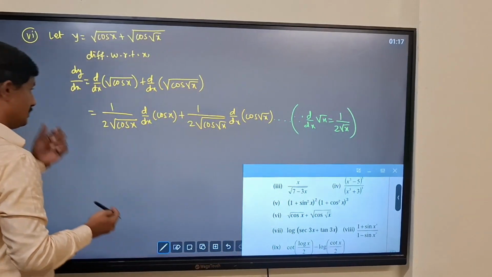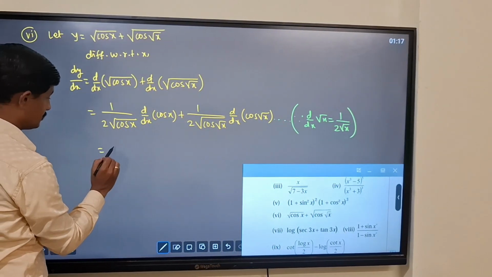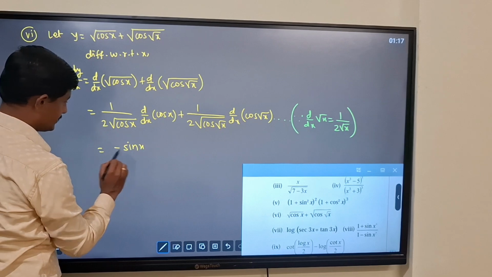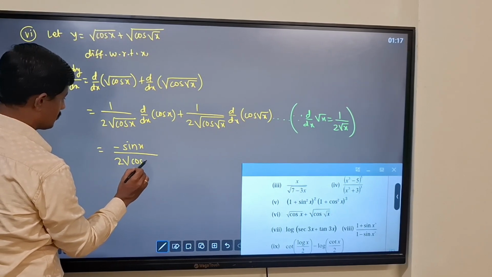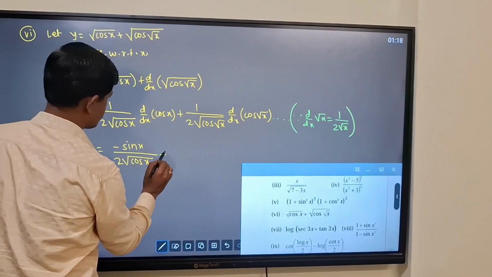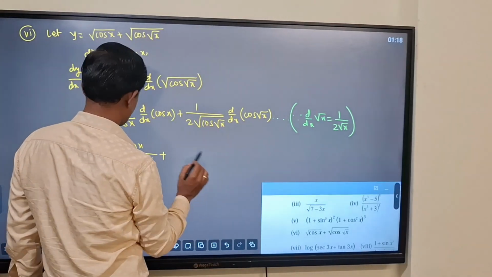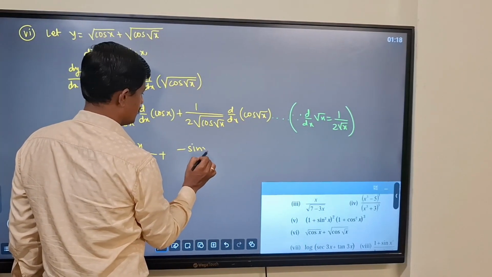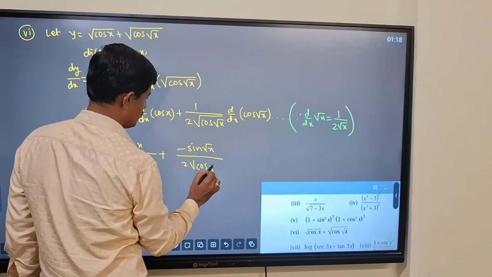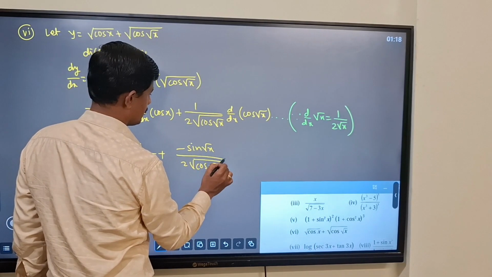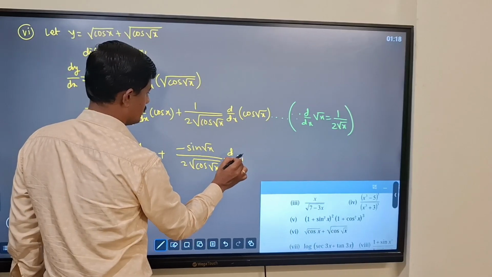Okay, now next, differentiation of cos x is what? Minus sin x upon 2 root cos x, plus differentiation of cos of root x is minus sin root x upon 2 root cos of root x into d/dx of root x.